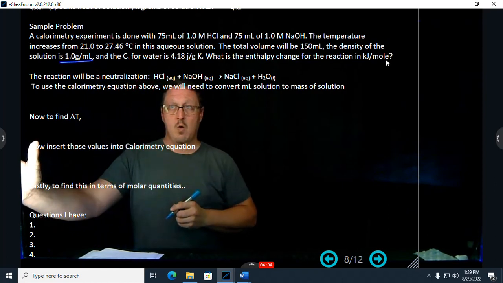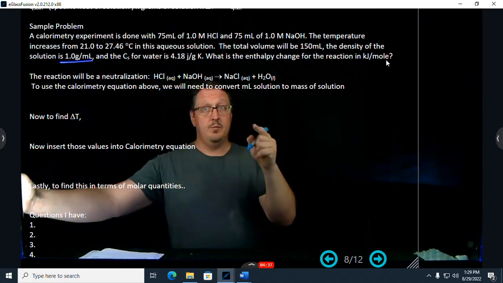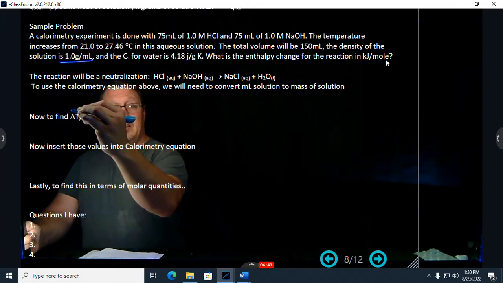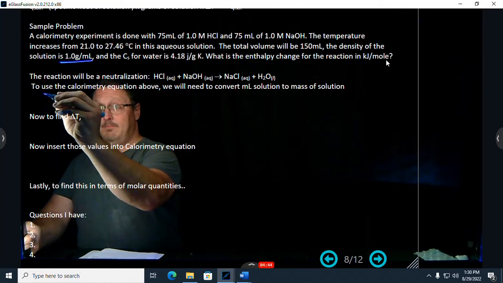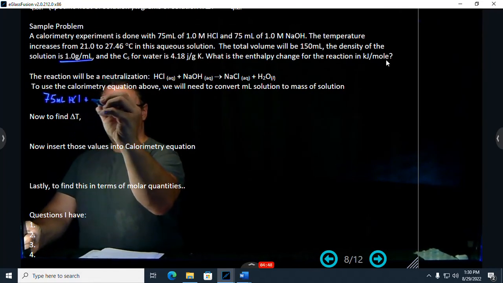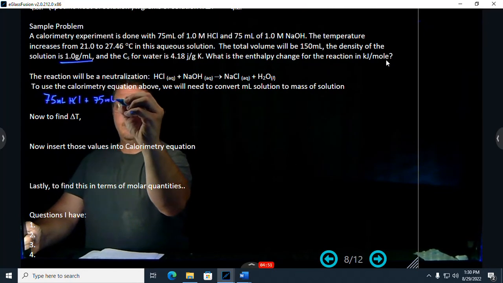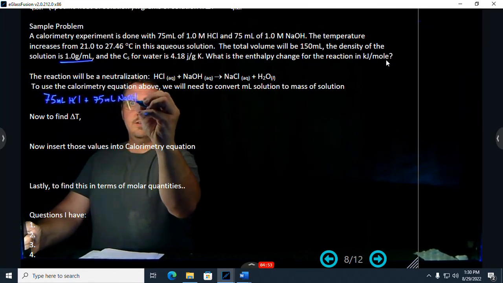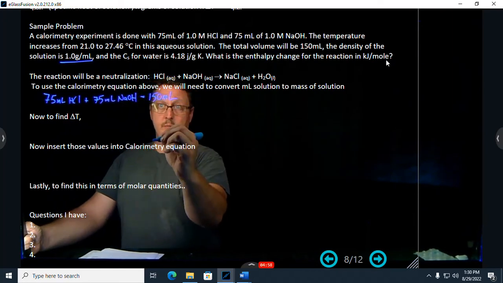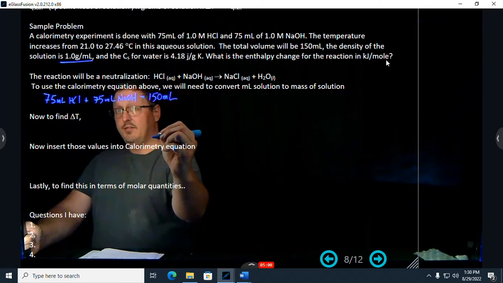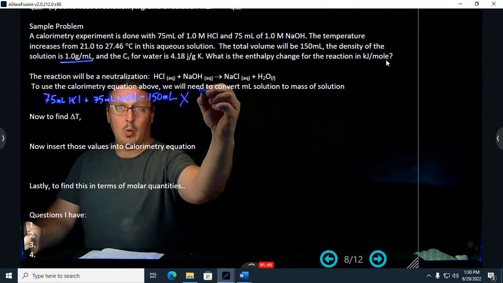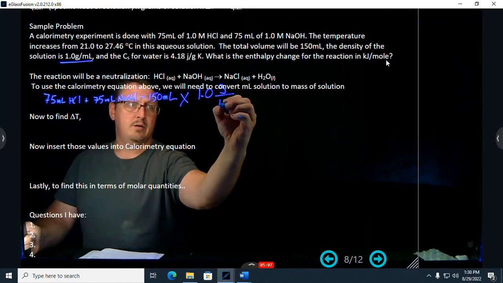Okay, so here we go. Let's convert volume to mass using density. So we have a total volume of 150 milliliters. We have 75 milliliters of HCl plus 75 milliliters of NaOH, so that equals 150 milliliters total. We are going to multiply that by 1.0 gram per milliliter.